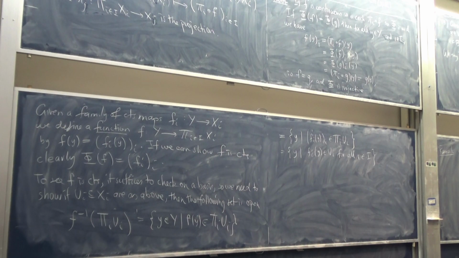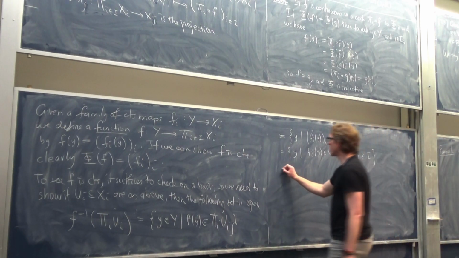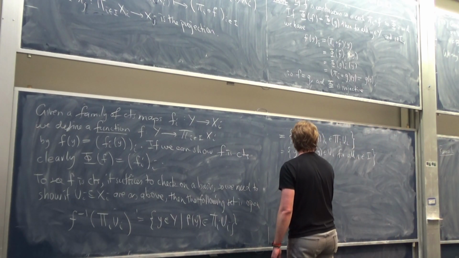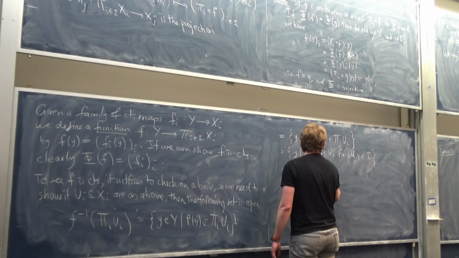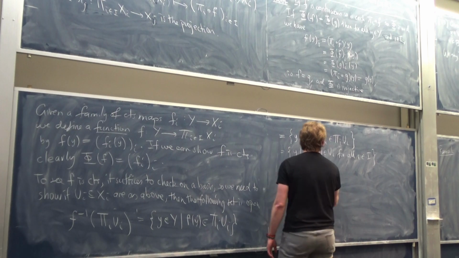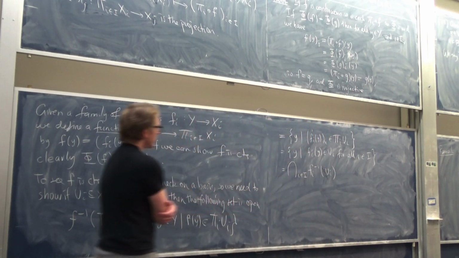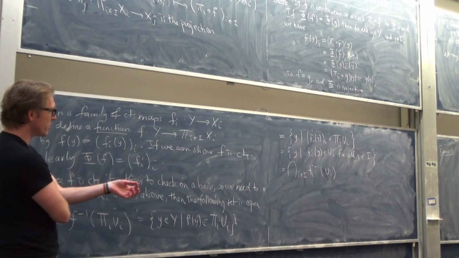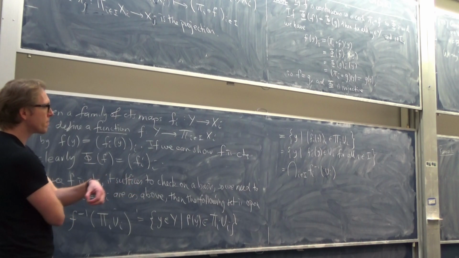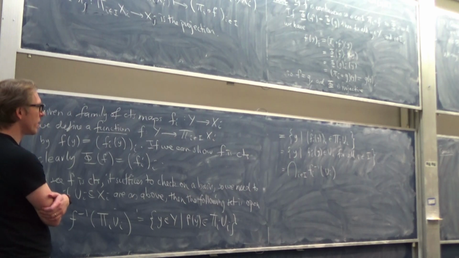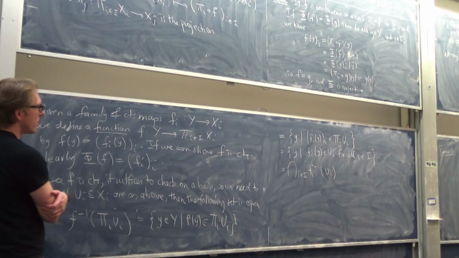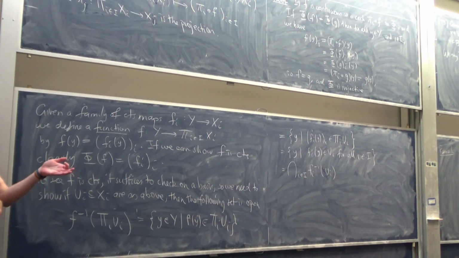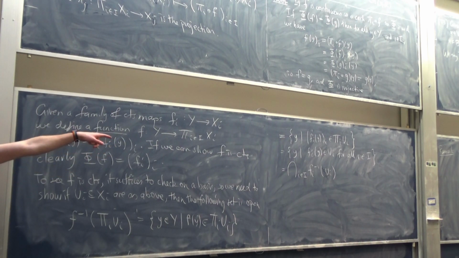Because what's another way of writing this? This is an infinite intersection. That intersection is precisely all the y's which belong to all the inverse images of all the Ui's. Now, infinite intersections of open sets are not necessarily open, but that's not really an infinite intersection.